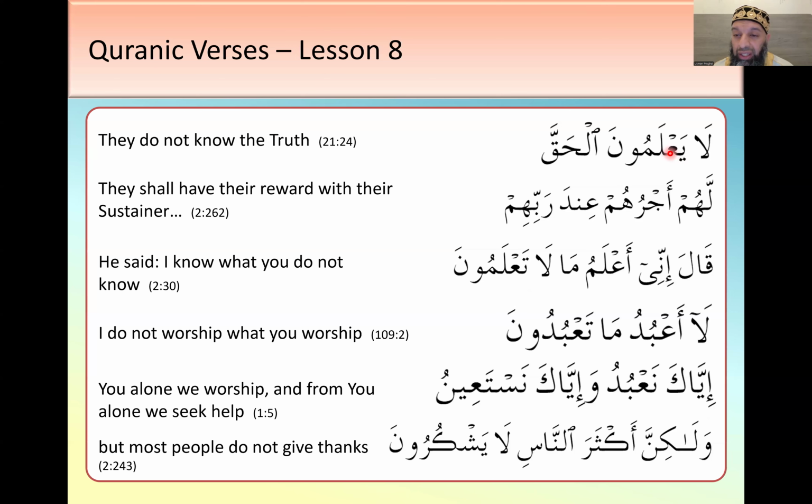Look, the Ain Lam Mim, ilm. Alima is there, so it's got something to do with knowledge. Ya'lamu means he knows. The plural, una, means they all know. La means not. So they all do not know. Al-haq just means the truth. So they all do not know the truth.